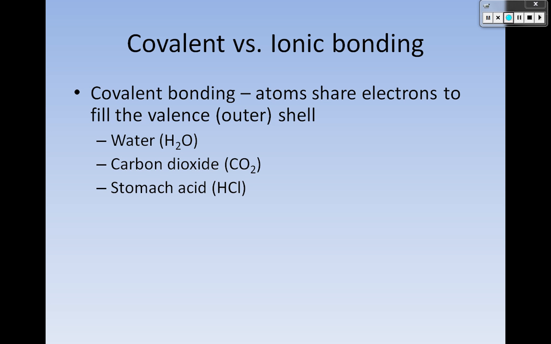So covalent bonding is when atoms share electrons to fill their outer shell, and we call that outer shell the valence shell. You maybe drew atomic diagrams where you draw bullseye diagrams and you'd put the electrons on. That's a real boiled down version of the atomic model. It's called the Bohr model.